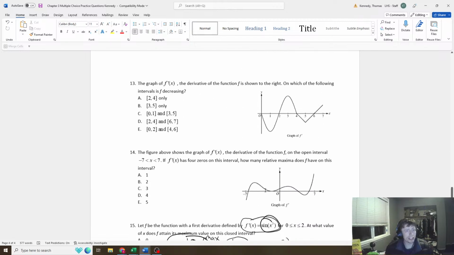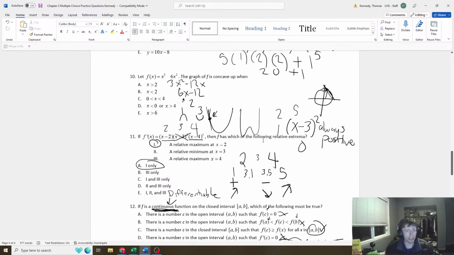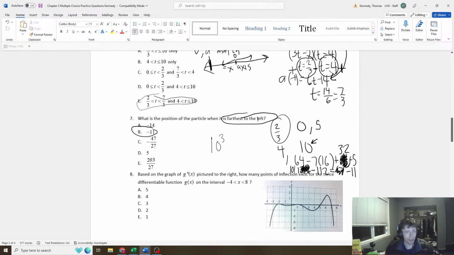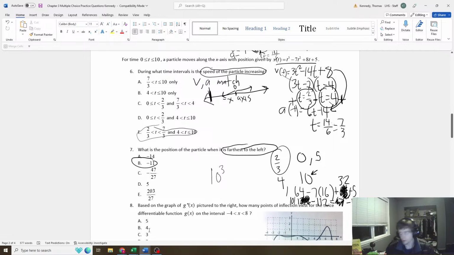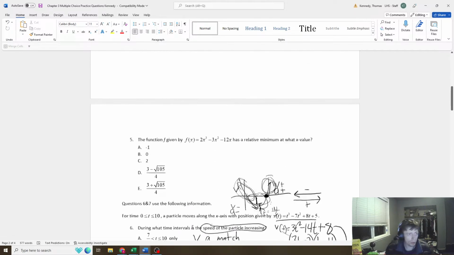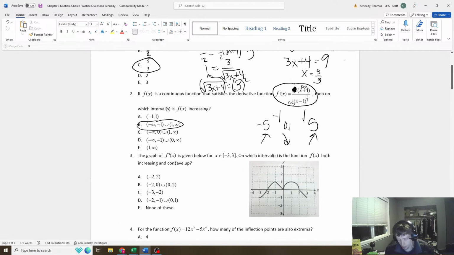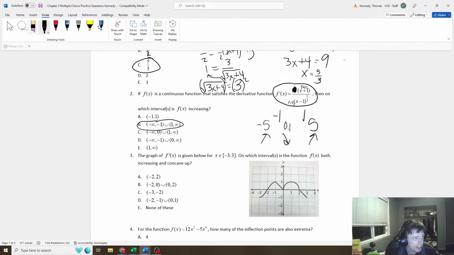Why can't you plug in 0 there? So the reason I can't plug in 0, which question was that? Yeah. Okay, so the reason I can't plug in 0 is I crossed out this x squared. So if I plugged 0 into this, I would get 0.